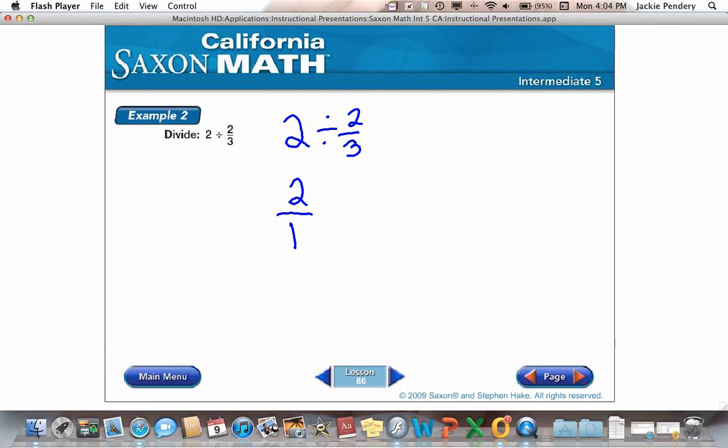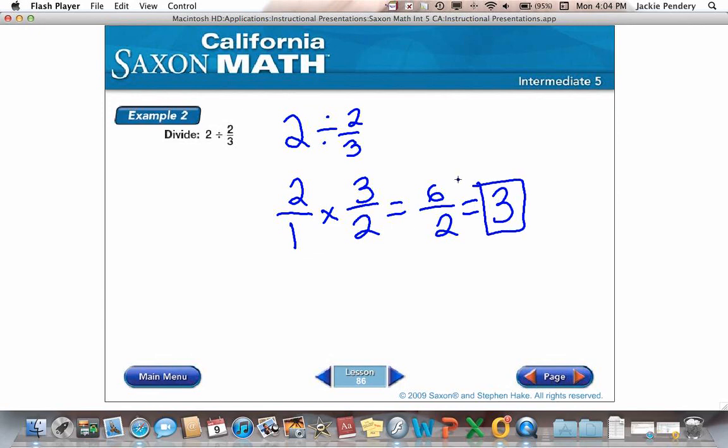Now, I need to take my second fraction, 2/3, and turn it over into its reciprocal, which is 3/2. Now, instead of dividing, I multiply. Numerators, 2 times 3 equals 6. Denominators, 1 times 2 equals 2. And this simplifies. 6 divided by 2 equals my whole number, 3.